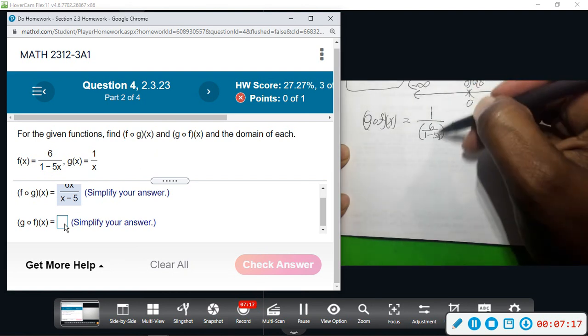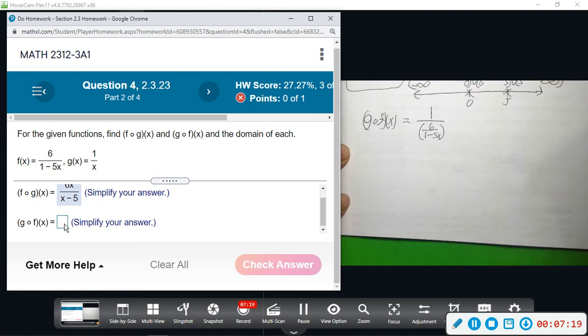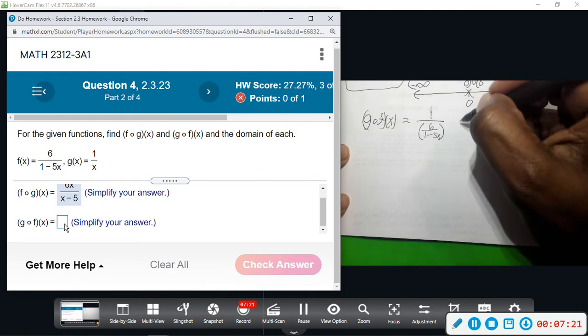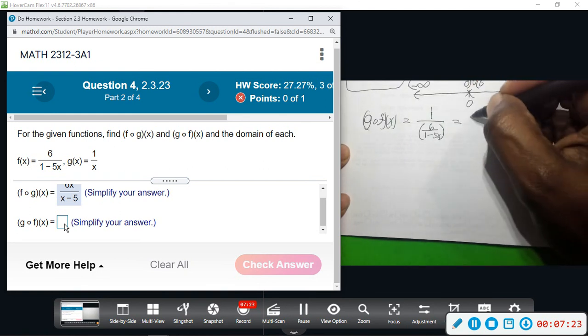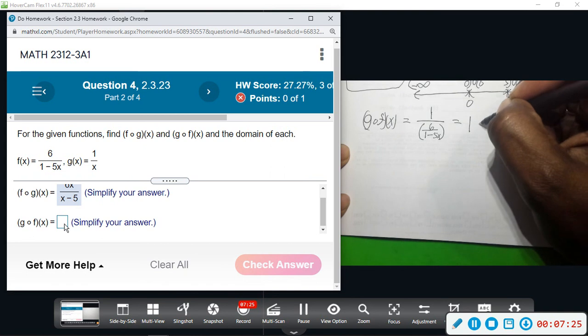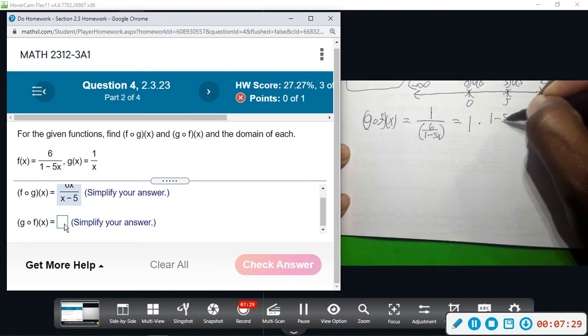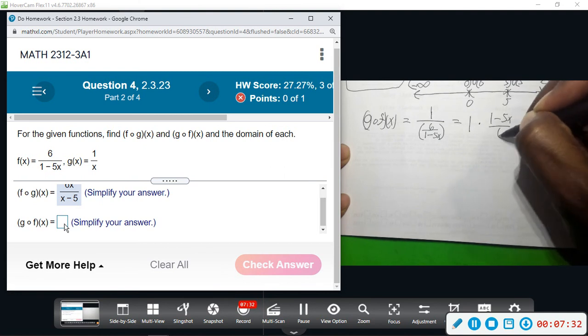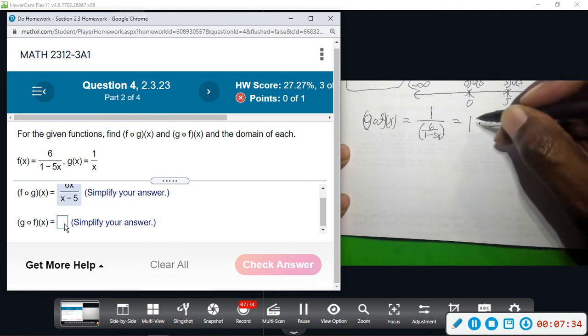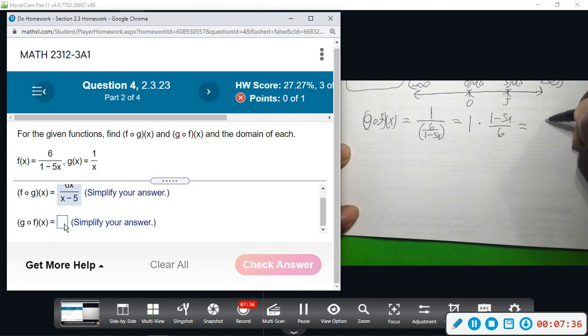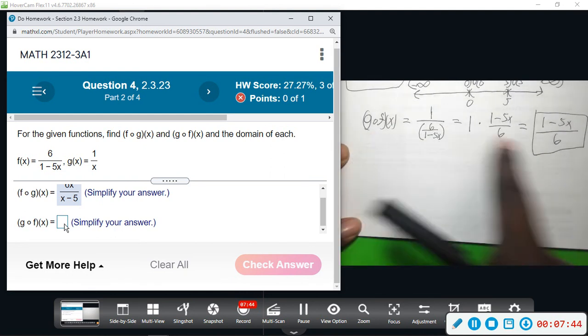Now here we just had that scenario, a fraction within a fraction, so we'll just change flips. So that means keep the top, change division to multiplication, and flip the fraction. So 1 minus 5x over 6. Multiply straight across. 1 times anything is itself. This is our f of g of x, or g of f of x function.